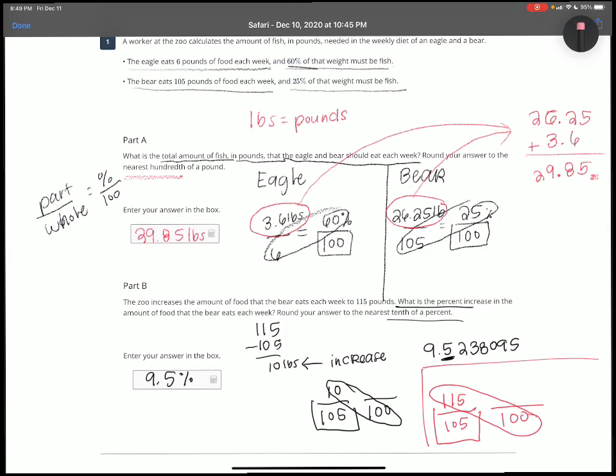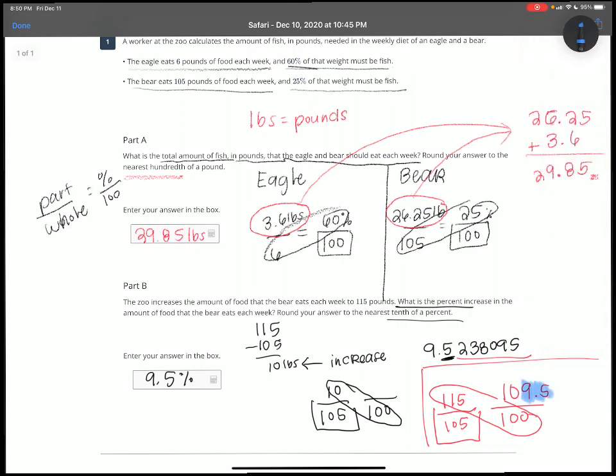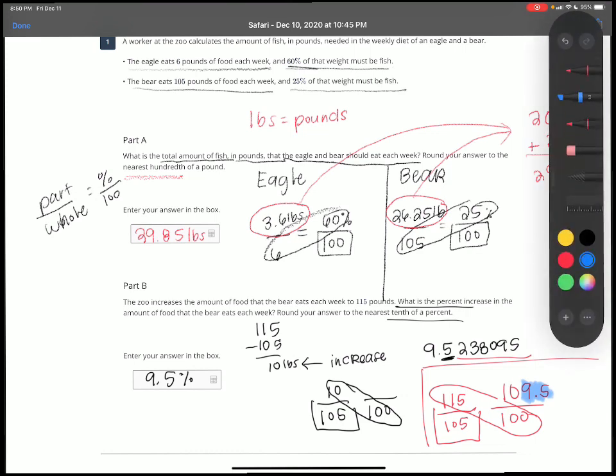Here's what you should get at the top for the percent: 109.5, and you'll get the same repeating decimal. But look at it, that is 9.5 over 100, so that's just a different way you could have found it.